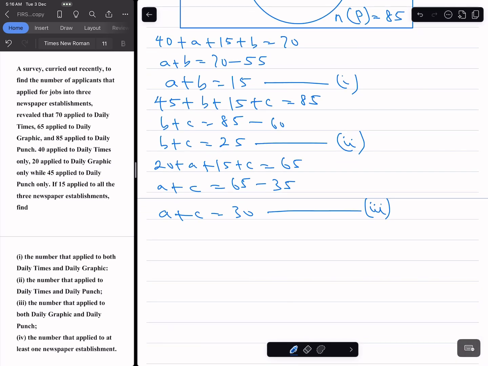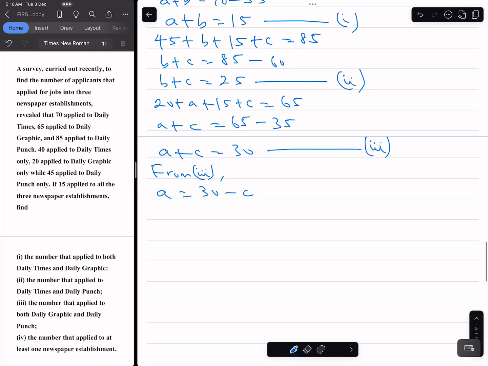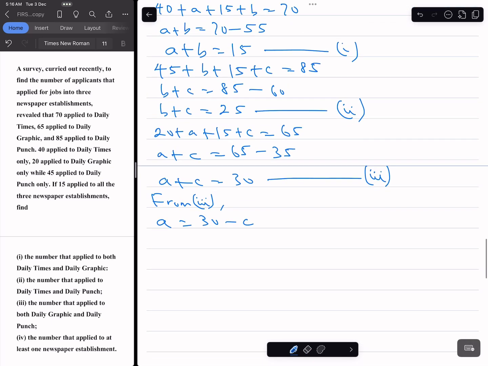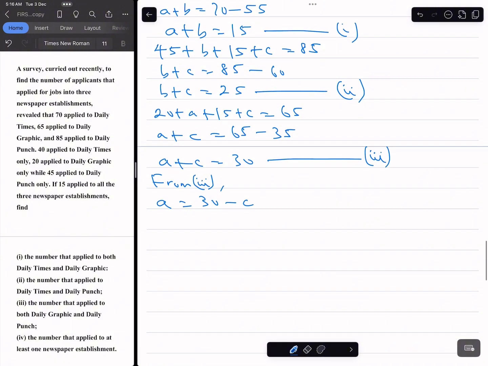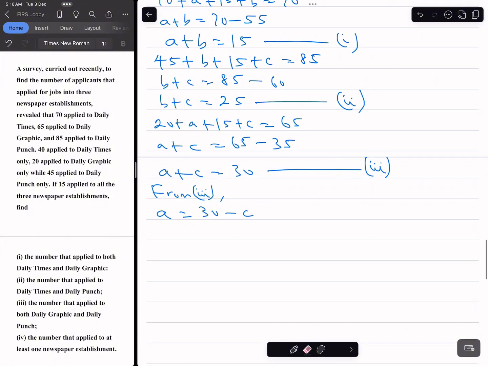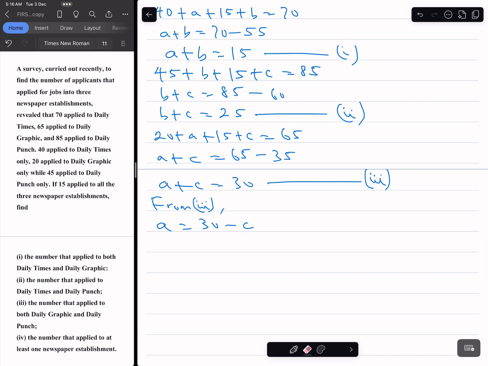From equation 3, I can say A is going to be equal to 30 minus C. If I put A in equation 2, no, there's no A in equation 2.